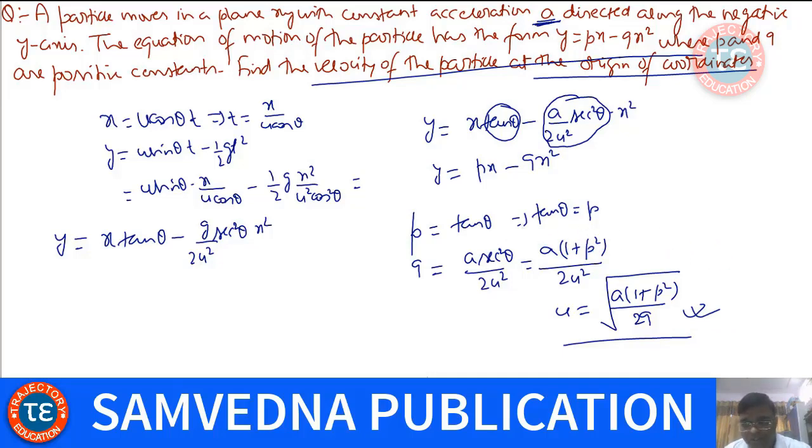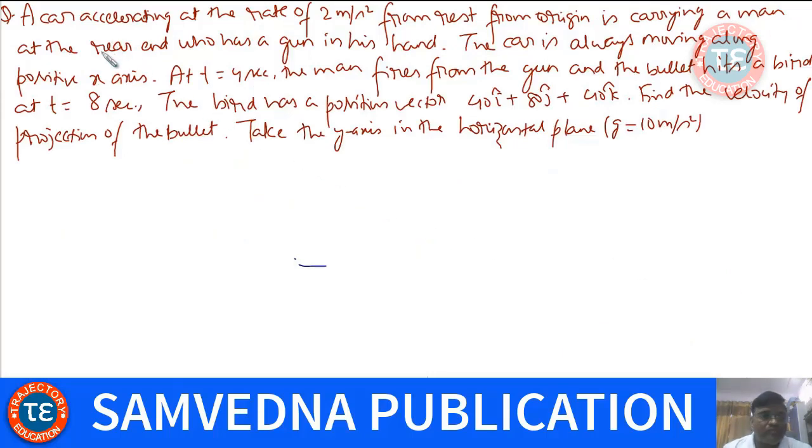Okay. Let's move to the next question. See here this question. Question says, a car accelerating at the rate of 2 meters per second square from rest from origin is carrying a man at the rear end who has a gun in his hand. The car is always moving along the positive x-axis.